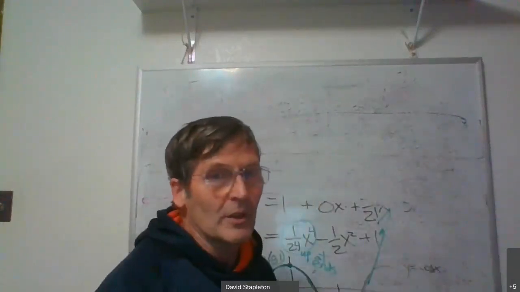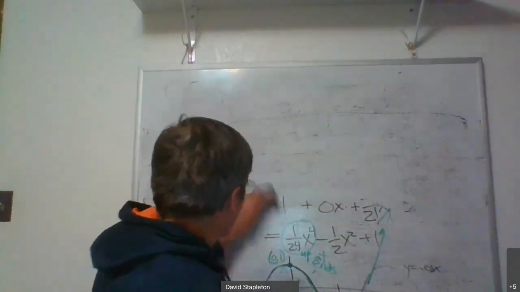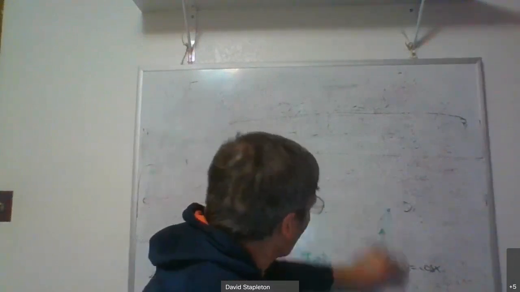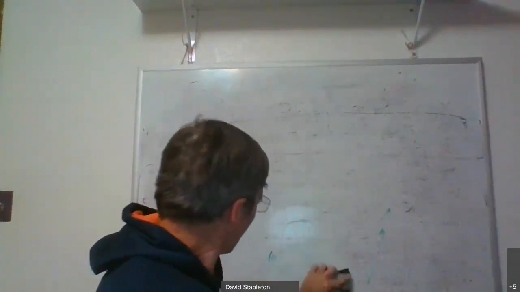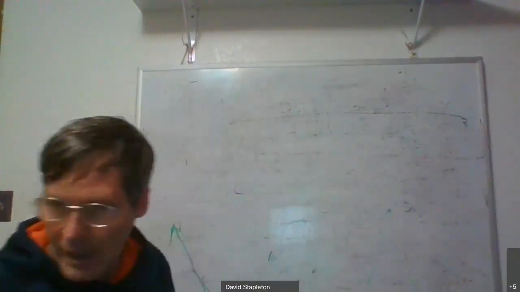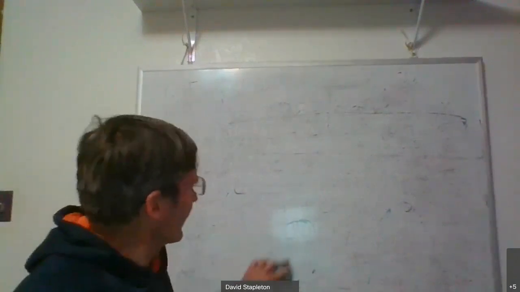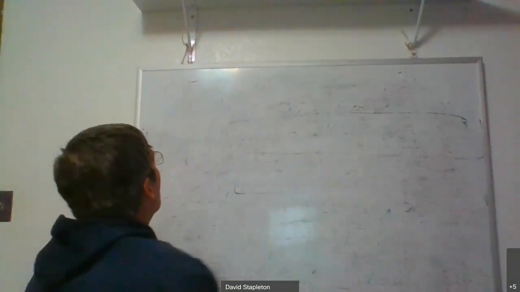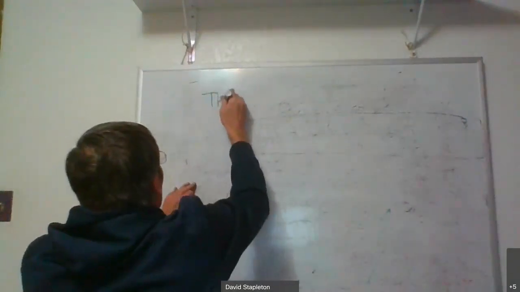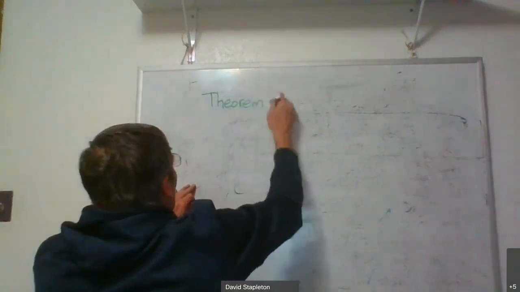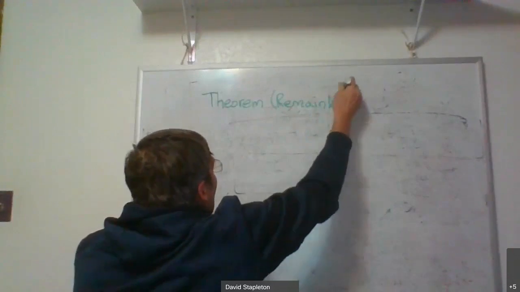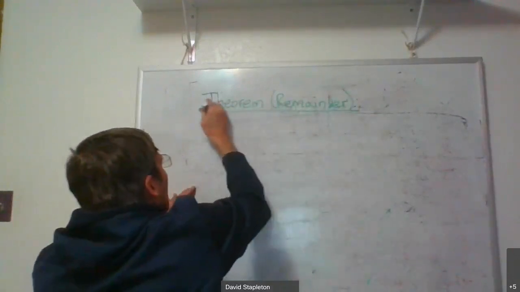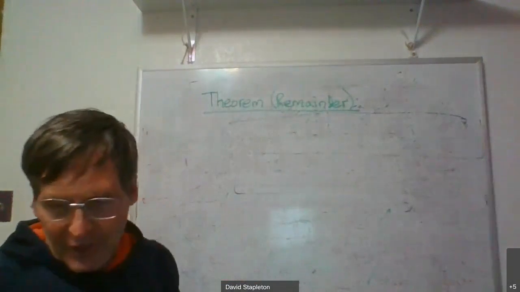After all, the Maclaurin polynomials are just a special case of the Taylor polynomials. The theorem applies to both, right? So I'll say this for the two of them. And here it is, the remainder theorem. We motivate it by first making a definition.